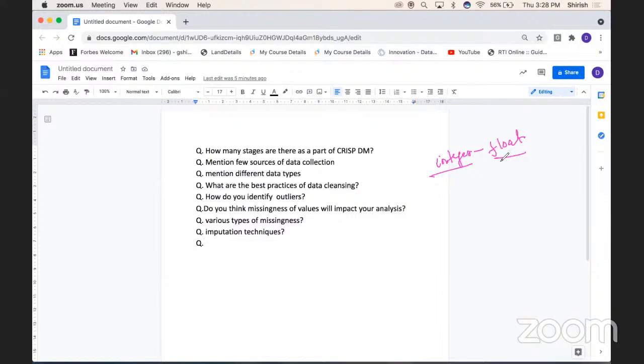Now, when you are talking about typecasting, we also know something important, which is discretization. What is discretization? This is also one of the pre-processing techniques. What is the purpose of discretization?